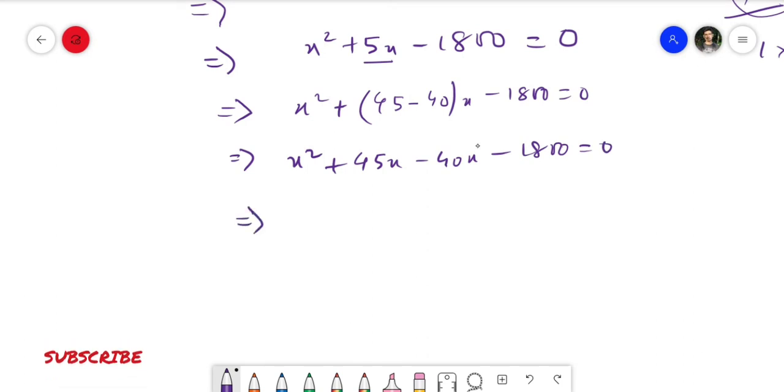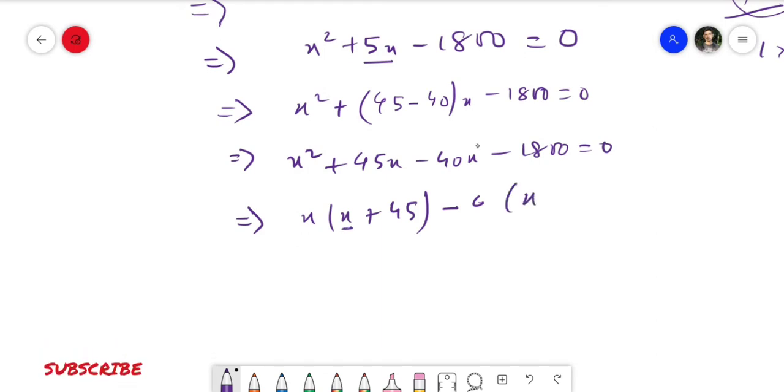Now from here we just take the common, and we'll have the 45, and this side minus, and we'll just make it as x, because x is here. So here the first number should be x, and then plus 45. And I just took out the 40. And why is this plus?